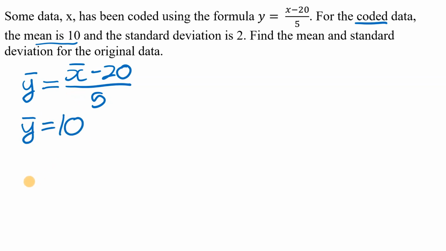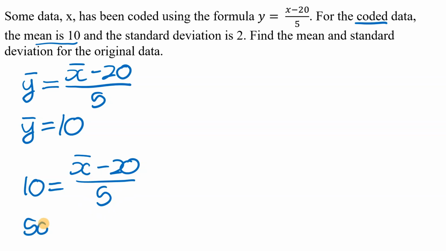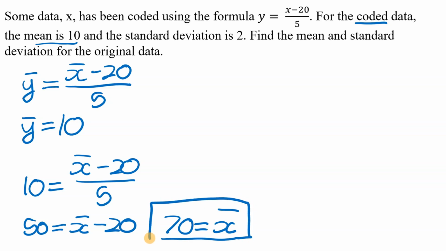So if we sub this in, this is going to be 10 is equal to x bar minus 20 over 5, then we rearrange in order to find x bar. So if we multiply both sides by 5, this is going to be 50 is equal to x bar minus 20, and then move this 20 to the other side to get that 70 is equal to x bar. So this here is the mean for the original data.